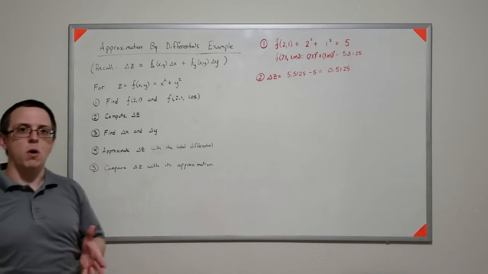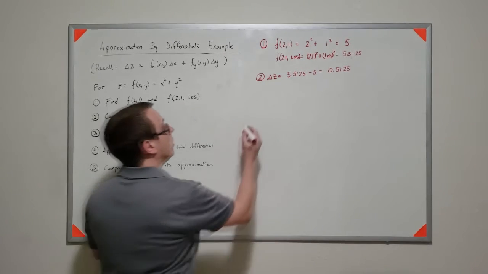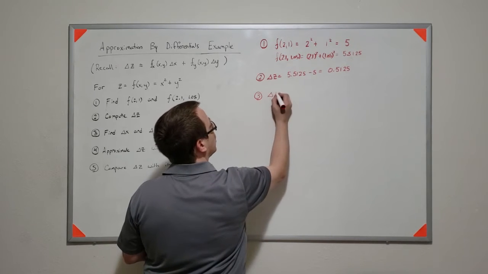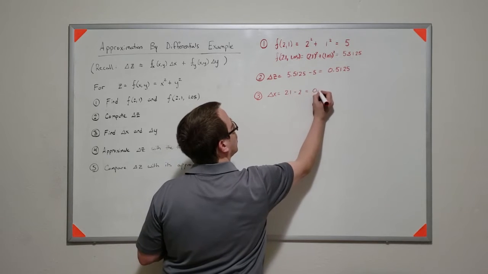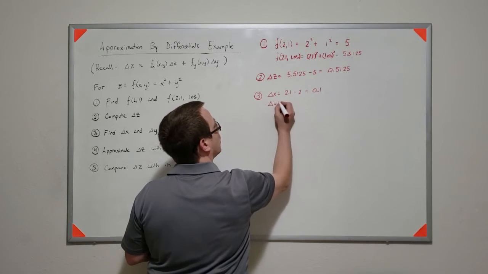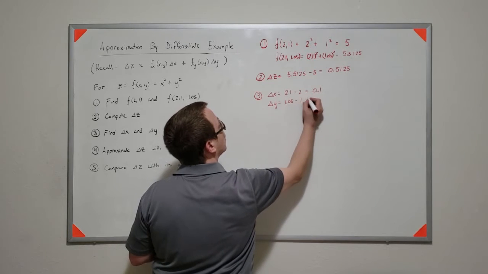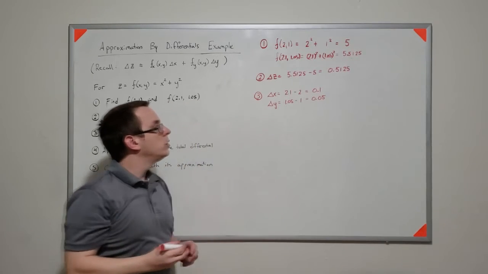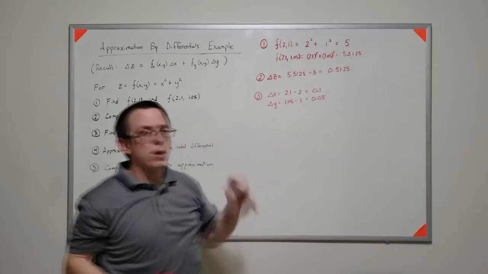Now what we want to do is find out what those increments are. The increments are the changes in x and the changes in y. So our changes are simply the differences here.